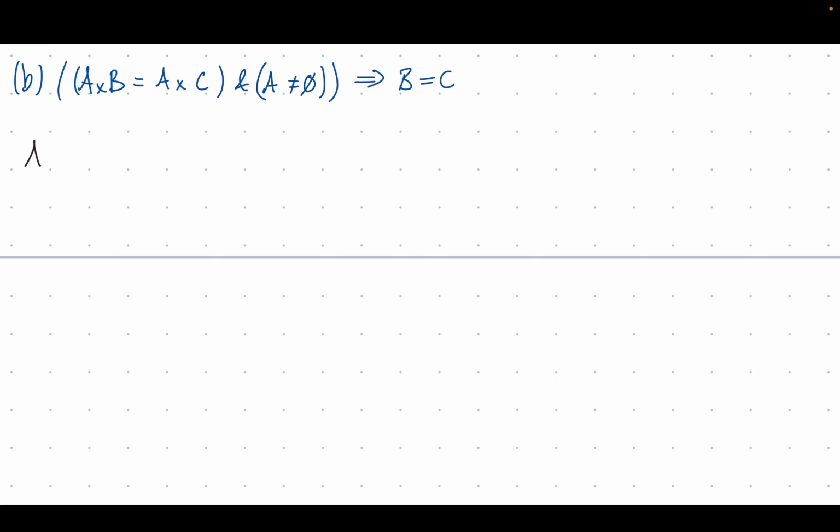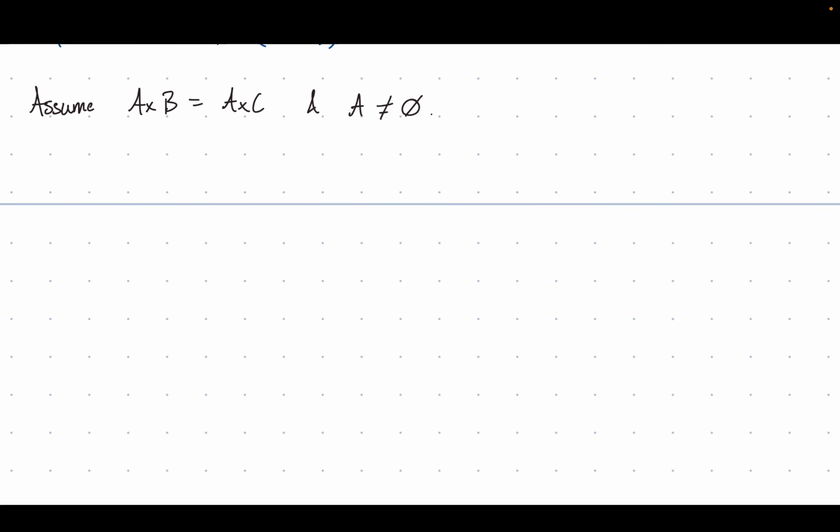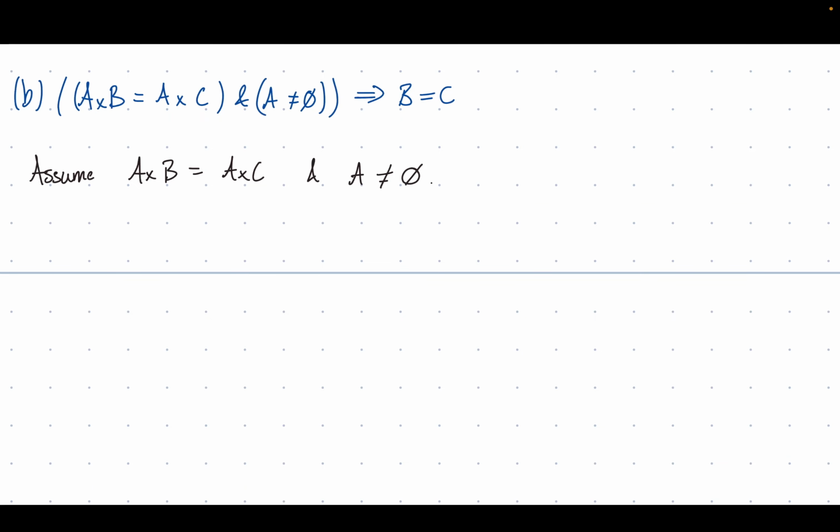So assume A cross B is equal to A cross C, and A is not equal to the empty set. So we're trying to show that B is equal to C.